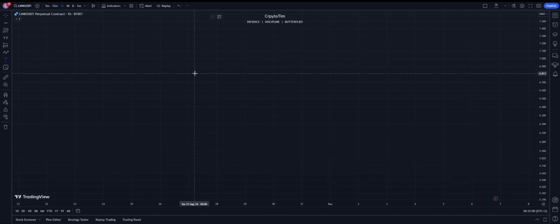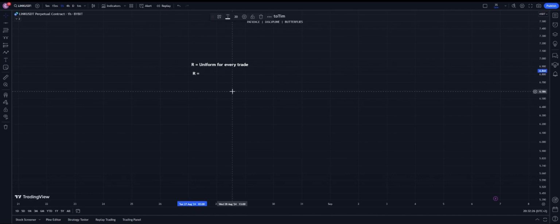First of all, what I personally like to do is keep my risk uniform for every single trade. So my risk, which I'm calling R, is uniform for every trade. Let's say, for example, I'm risking 50 bucks for every single trade.